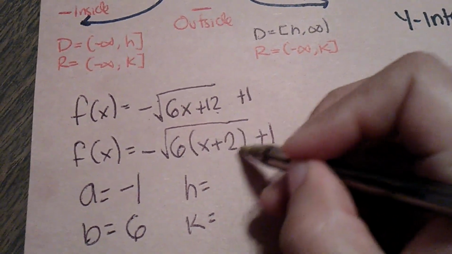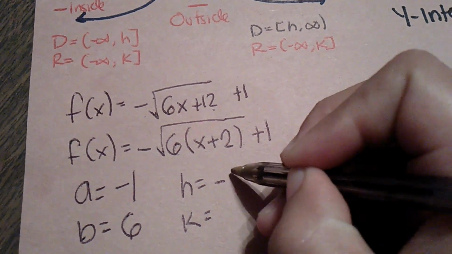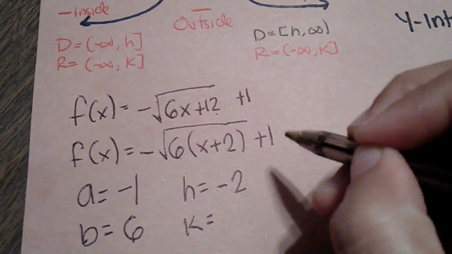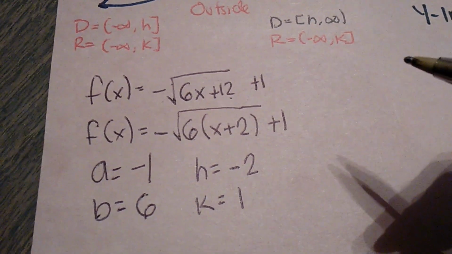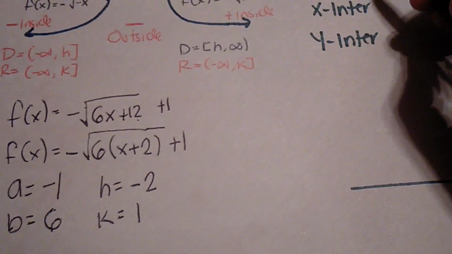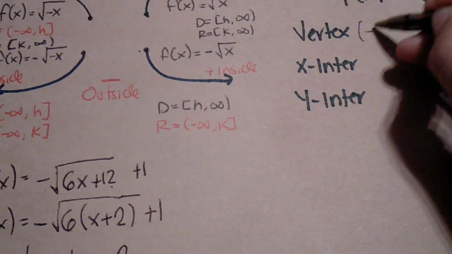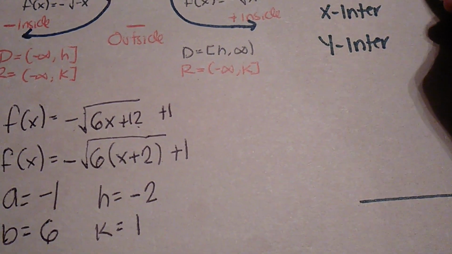H is inside our parentheses, and because of the sign of the form, it's going to be minus 2. We need to change the sign of H. And then K, that is plus 1. With this information, you have now the vertex, that is minus 2, comma, plus 1.